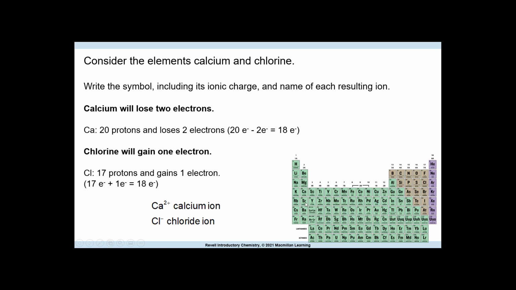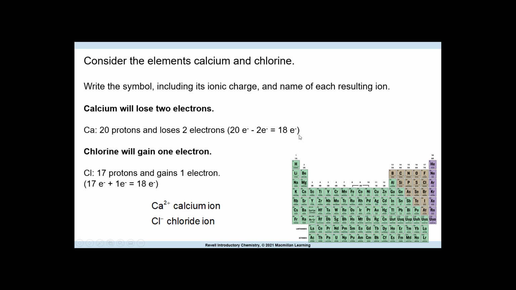So let's look at calcium first. Calcium has an atomic number of 20, but it loses 2 electrons. So 20 minus 2 equals 18. So we have 18 electrons, but 20, excuse me, I probably should have put protons here. I should have made this match the formula, and I didn't.